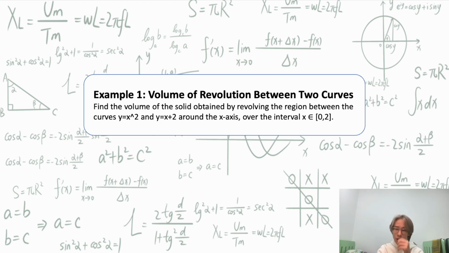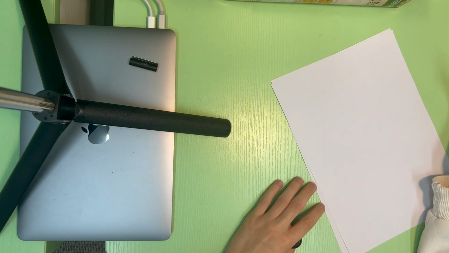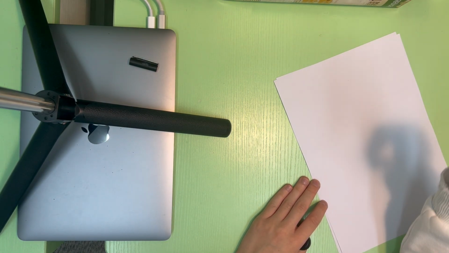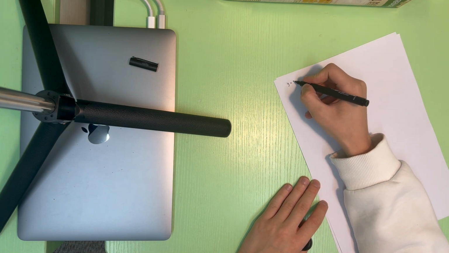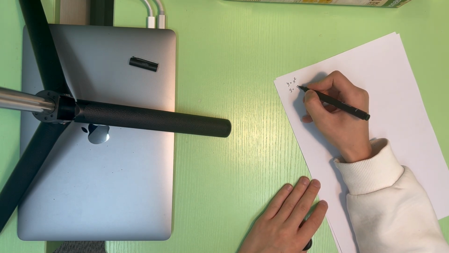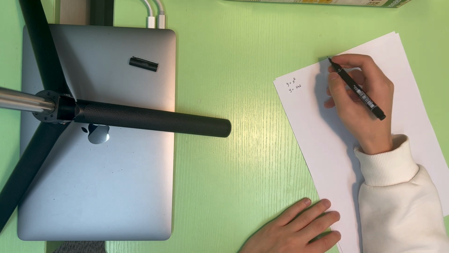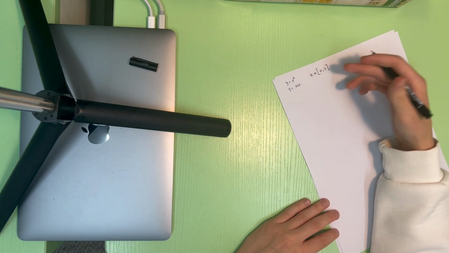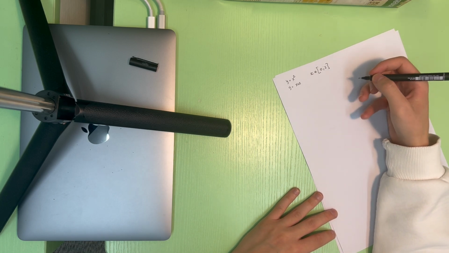So let's show it on paper. We have two curves, y equals x squared and y equals x plus 2, on the interval from x equals 0 to 2, around the x axis.